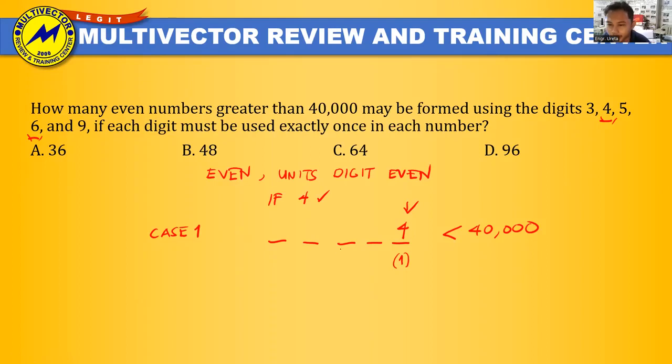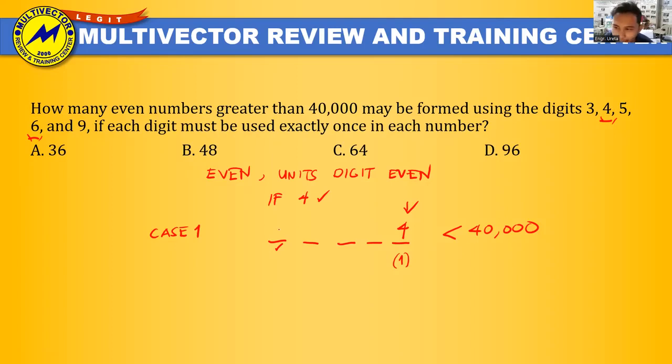Next naman, yung restriction natin sa tens digit. Take note, ang restriction natin dito, dapat yung value na yan is less than 4. Kasi nga pag greater than or equal to 4 siya, automatically yung value ng ating 4-digit number o 5-digit number, I mean, is greater than 40,000, which does not satisfy our problem.